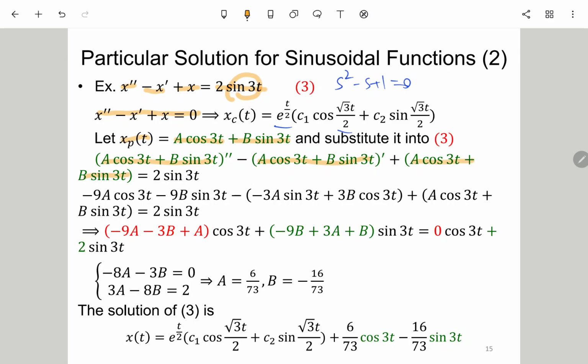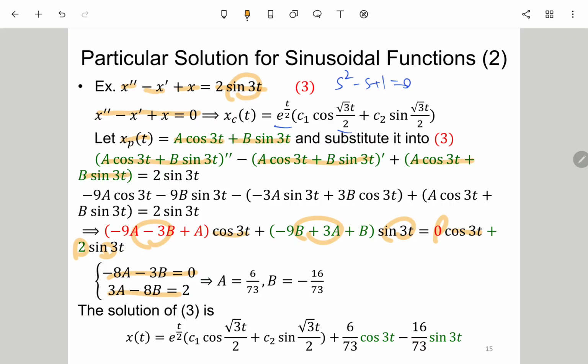Going through some calculation, you find that the coefficient of cosine of 3t equals 0, goes to here, and the bracket for sine of 3t equals 2, goes to here.